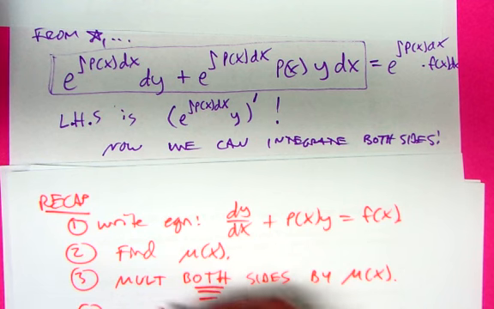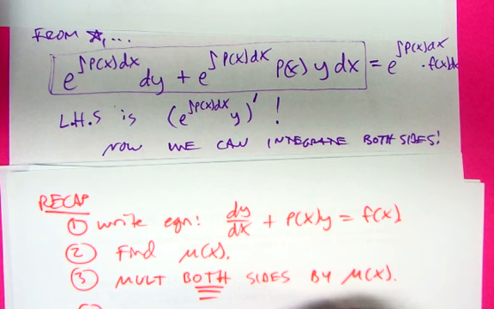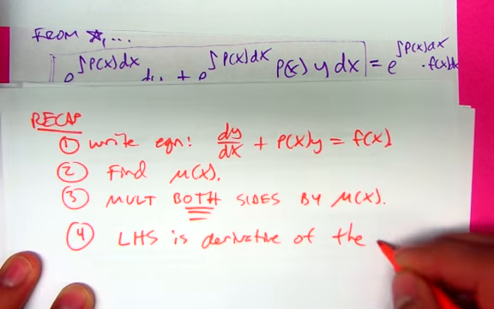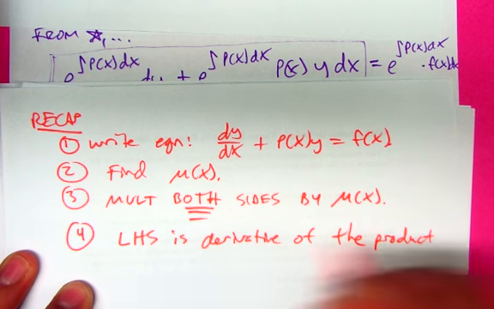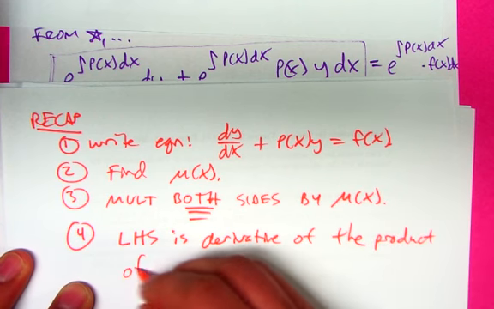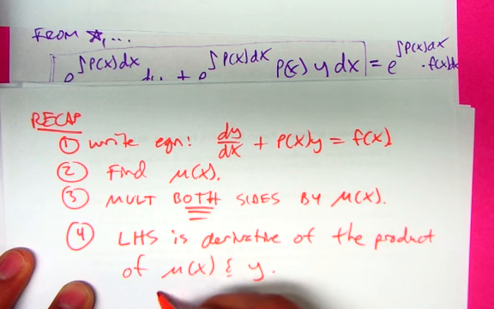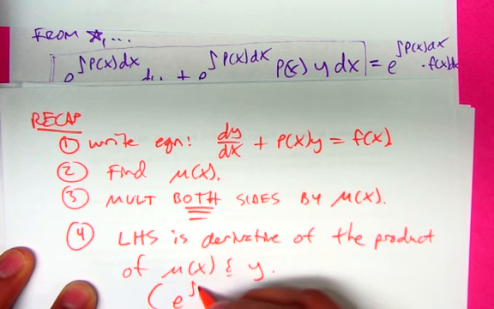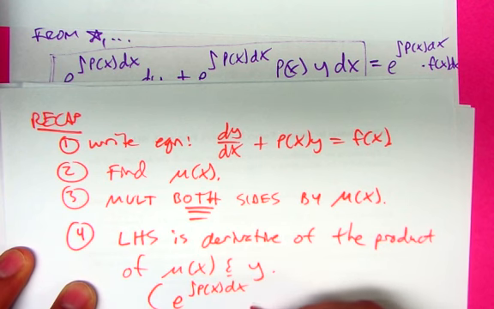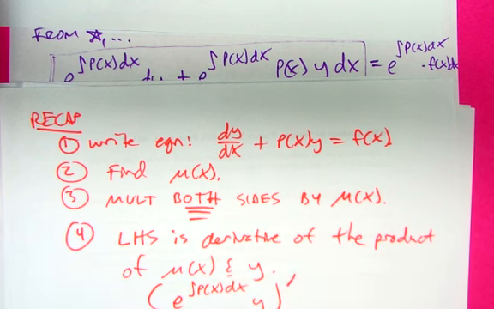4. Recognize now that the left-hand side is the derivative of the product of the integrating factor and y. In other words, e to the integral p of x dx and y prime.